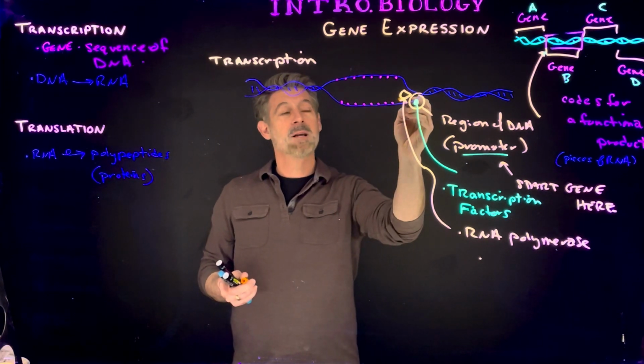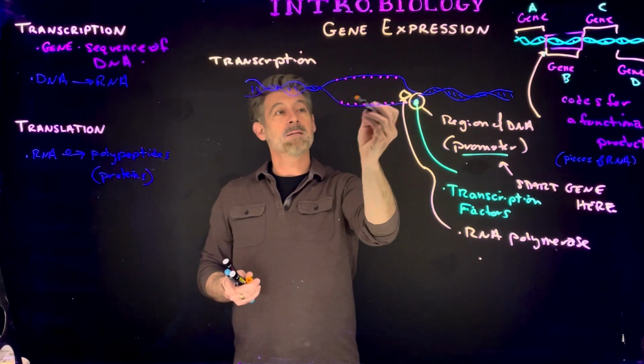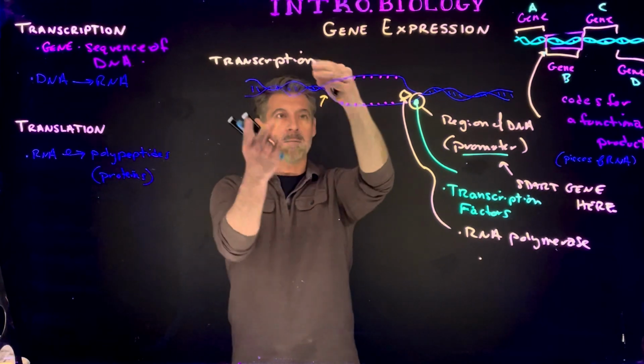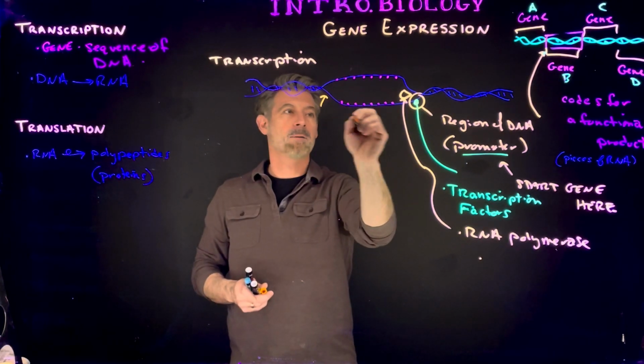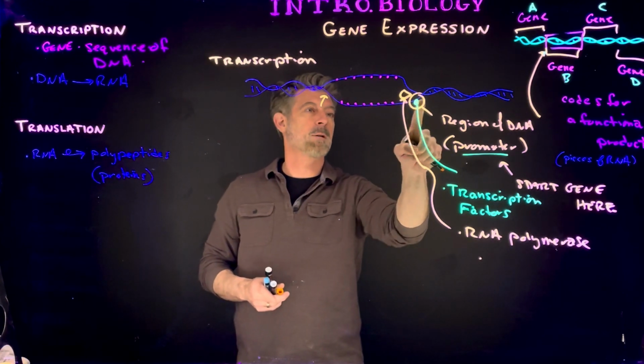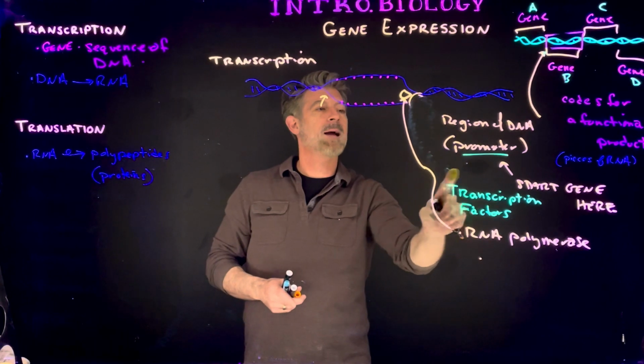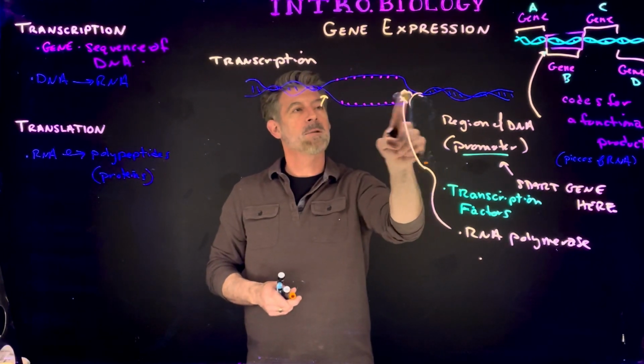So what's going to happen is the DNA is pulled apart here, and we're moving in this direction. So let's just say the promoter, we'll redraw this, okay, in a slightly different way because I'm going to show now action, like something actually happening here.